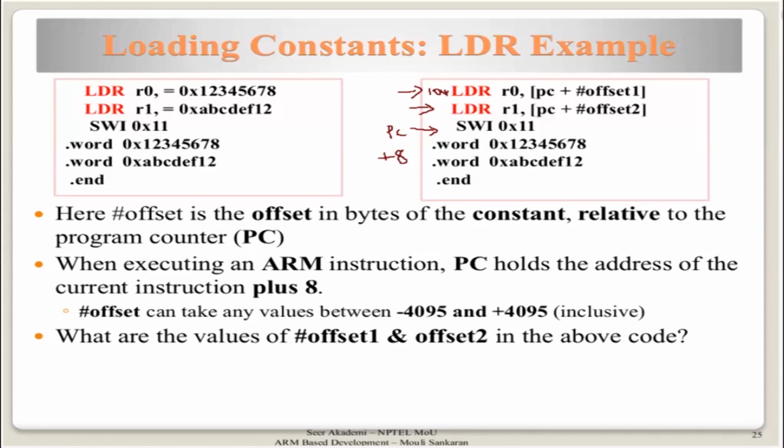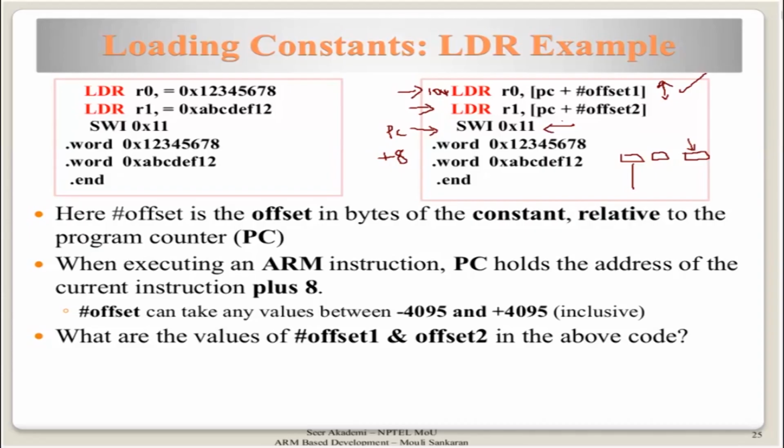Please remember the pipeline again: 3 stages. When this instruction is in the execute stage, the PC has already fetched the instruction 2 down the line. That means the address would be 108.